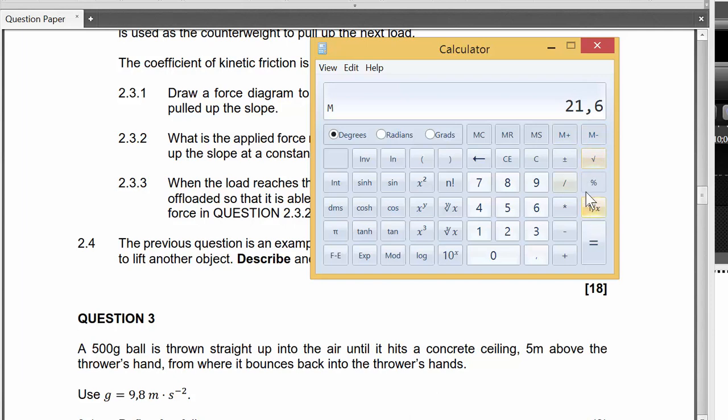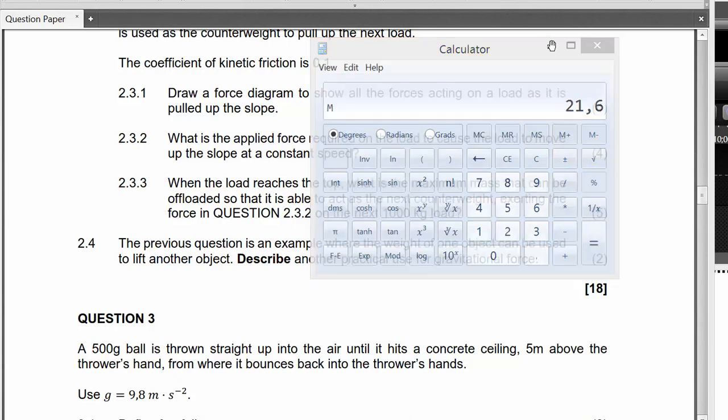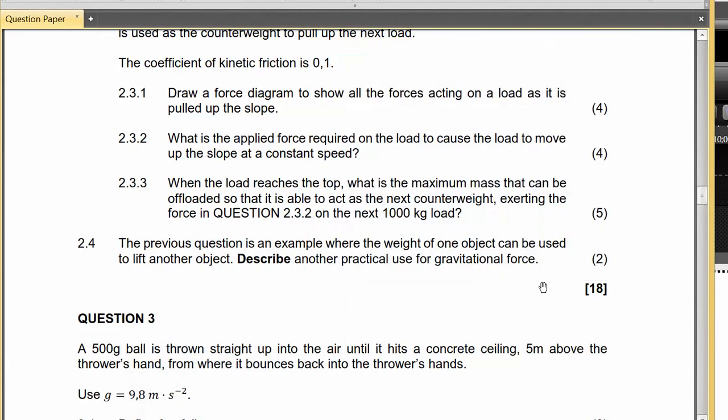Obviously, I spent a lot of time talking and giving extra examples, so I spent an extra 3 minutes on this question. But just to show you how you should spend your time on a question, there should be more than enough time if you know your work.